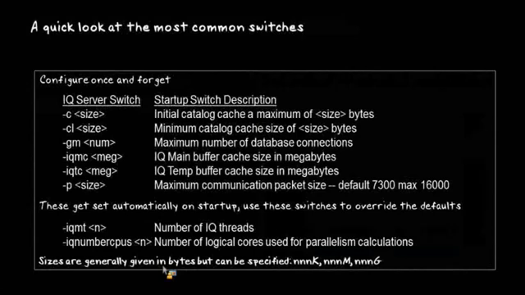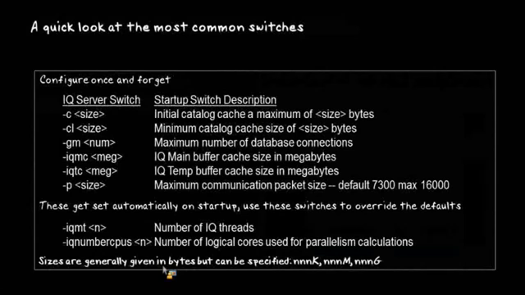We'll be setting the IQ main cache and IQ temp cache. And say we were starting on a 96 gig system, we'd probably start the main cache at 36 gig and the temp cache at 36 gig in memory. That would be a good starting point. We might go up from there.